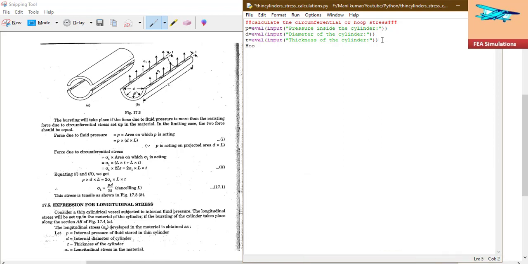Now hoop stress. Hoop stress formula is given by P, pressure into diameter divided by 2 into thickness. Print circumferential or hoop stress in cylinder.